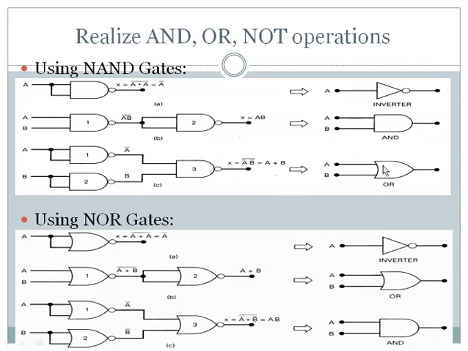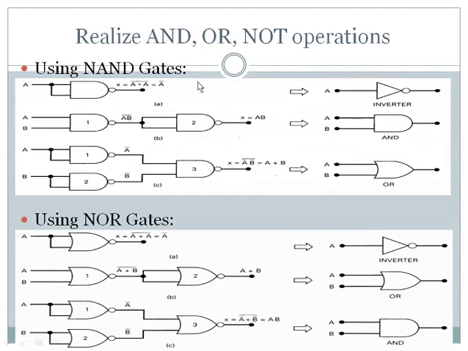So that means instead of using three different gates, we can use a single gate, one type of gate called NAND gate, and combinations of the same gate can be used to perform different operations performed by different gates.